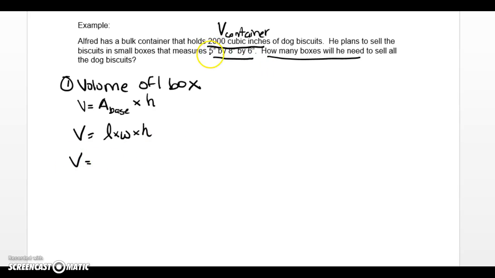Your box measures 5 inches by 8 inches by 6 inches, so you go 5 times 8 times 6, multiplying each of those dimensions. If you put that into your calculator, or if you can be a rock star and do that in your head, we should find that the volume for one box is equal to 240 inches cubed. Note that our units are in inches cubed. So now we have the volume of one box. Now we need to see how many of those boxes will fit into that bulk container, which is 2,000 cubic inches.